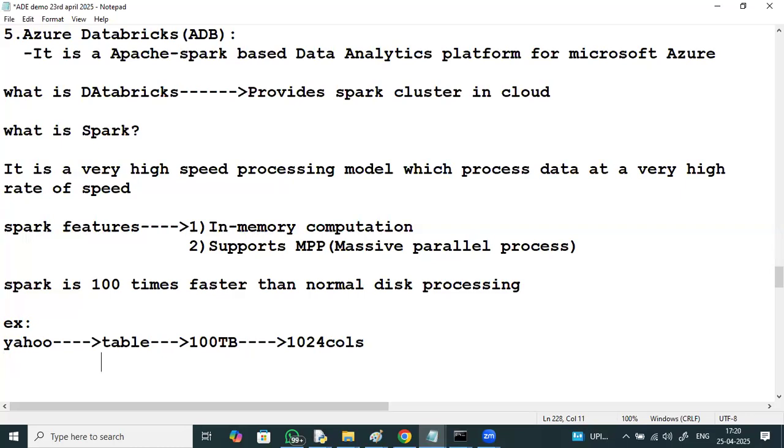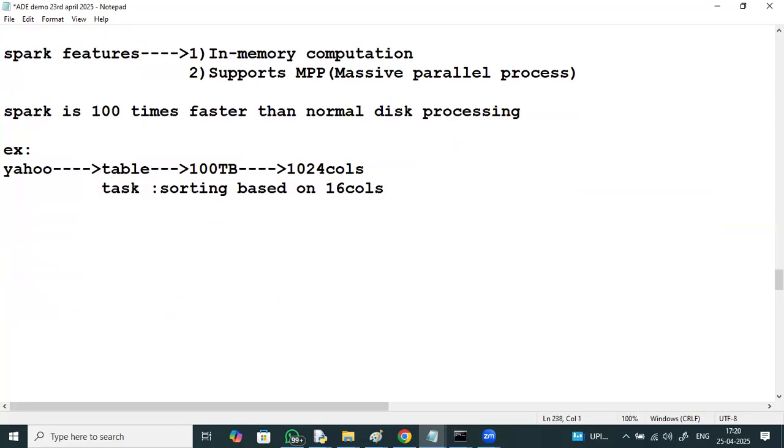The task was sorting based on 16 columns.